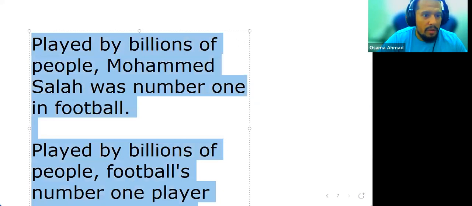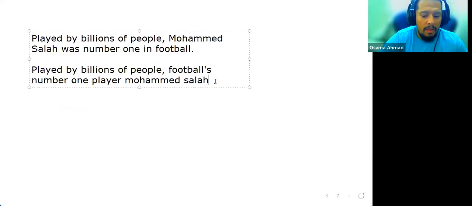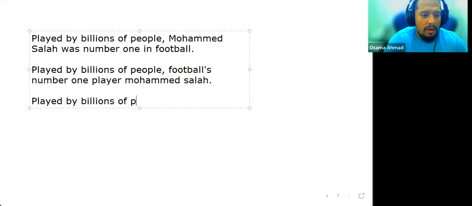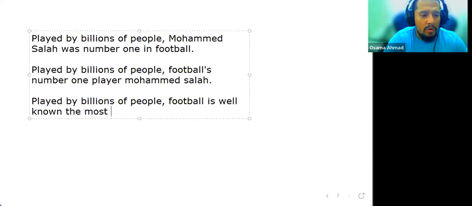Let me actually make this font a bit smaller. Played by billions of people, football is well known the most for Mohamed Salah.